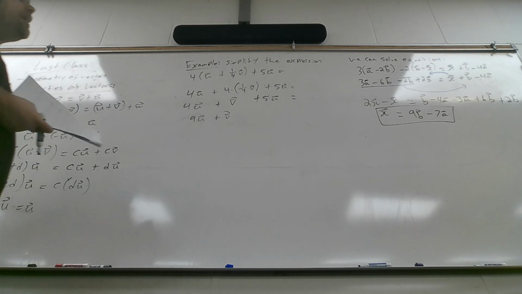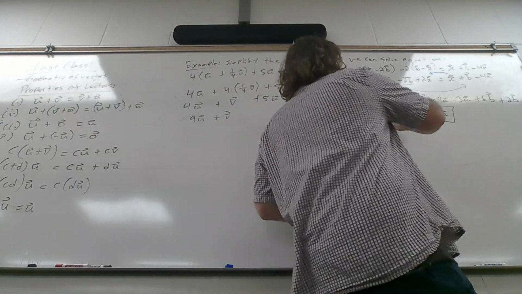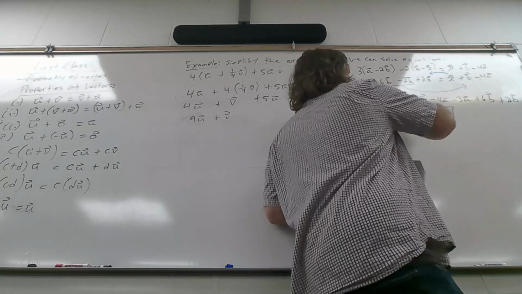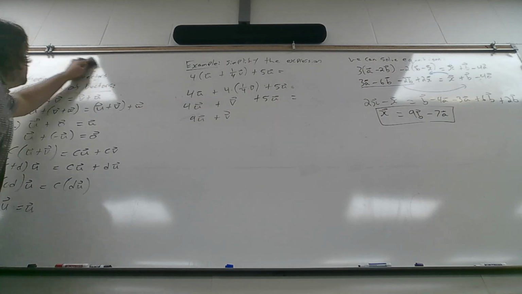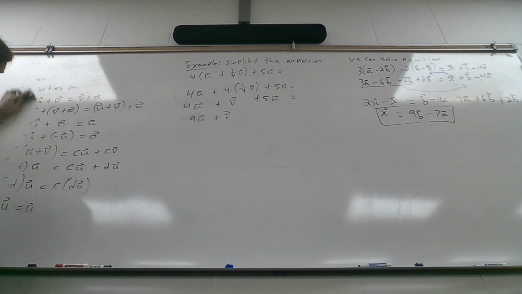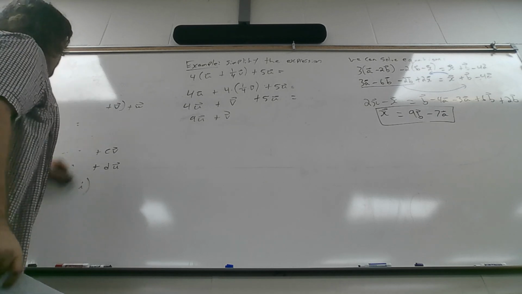Okay, but this thing right here, something that looks like this in terms of vectors is actually very useful, and we actually give something like that a name. And that's called a linear combination.